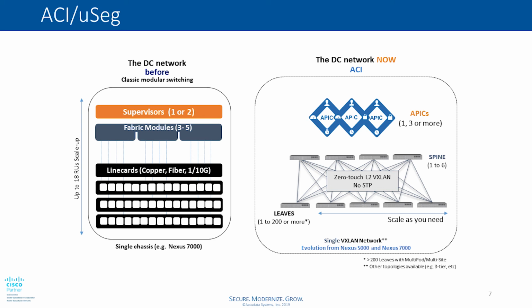These spines are the ones who give the speed to your data center. And then on the bottom, you have the leaves that can be extended up to 200 leaves, so it can scale as you need. You can have more than 200 leaves if you expand your fabric with multi-pod or multi-site technology.